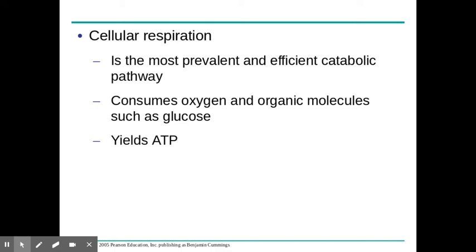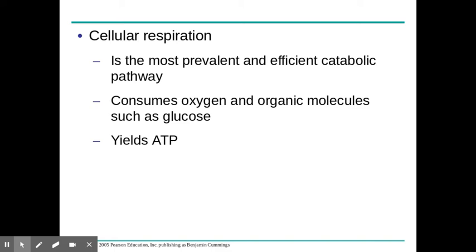This is where we make our energy usable to us, and that's what cellular respiration does. So we're going to use oxygen and organic molecules such as glucose. So what do we use? Oxygen and glucose. And the main goal is to create ATP. There are some byproducts, some waste products like carbon dioxide and water. But the main goal is to create ATP, energy.